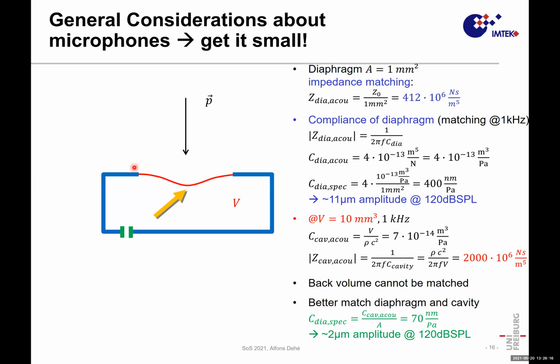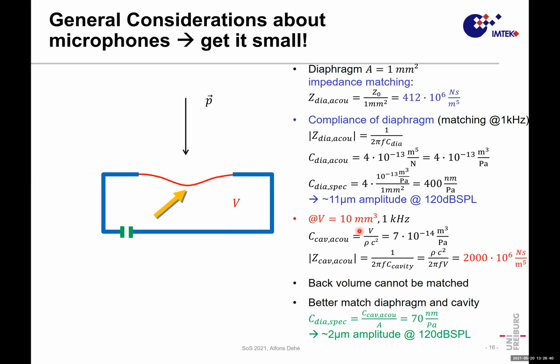Now this is a pure compliance of the diaphragm, but we see that we have this enclosure, the package, and we want to make this small as well. So we assume that we have a volume of 10 millimeters cubed. So a 1 millimeter diaphragm on a 10 millimeter cube volume is a feasible small dimension.